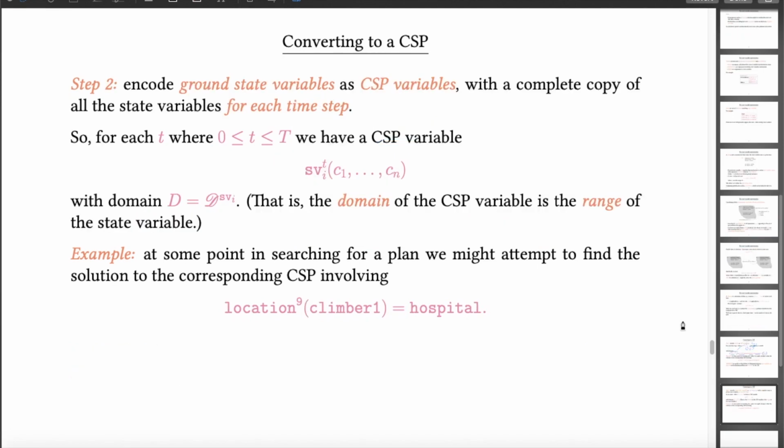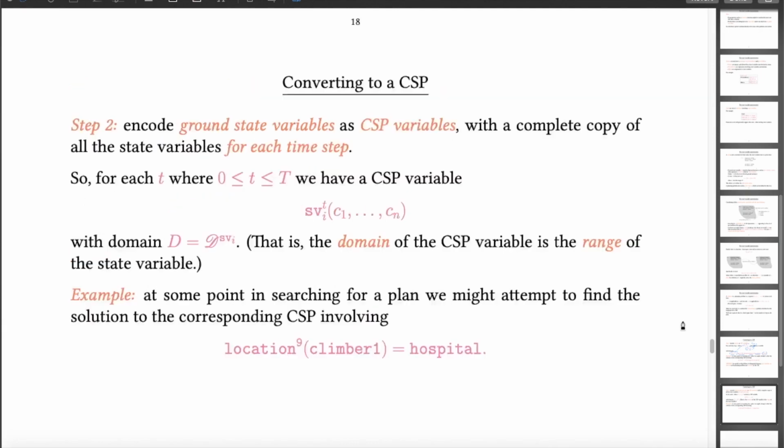Okay. Now, the second step is to encode ground state variables as CSP variables, with a complete copy of all the state variables at each time step. Now what am I getting at here?